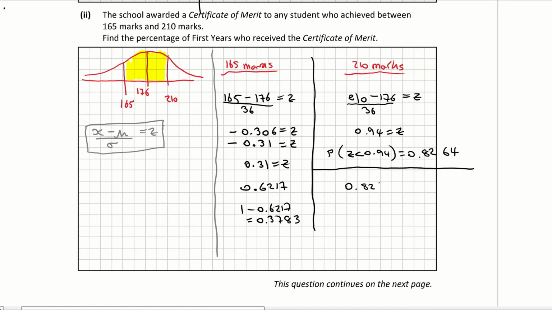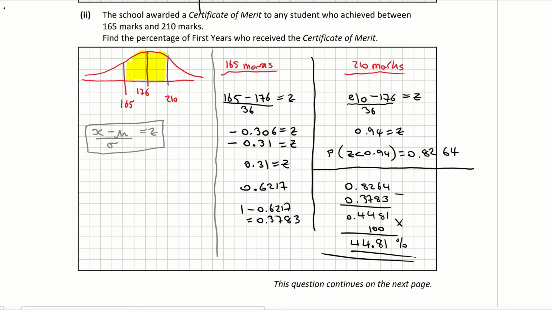So 0.8264 subtract 0.3783 gives me 0.4481. The question said find a percentage, so I'm multiplying that by 100 to give me 44.81%. And that is part 2.